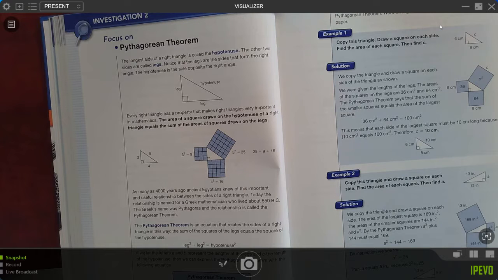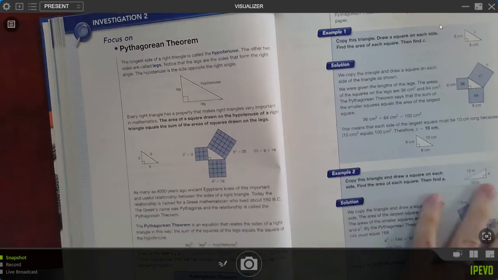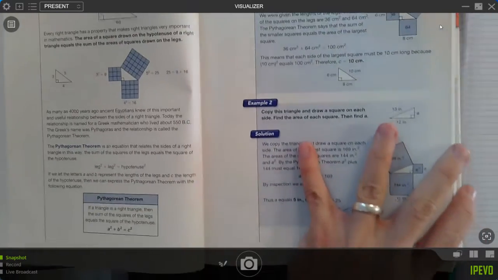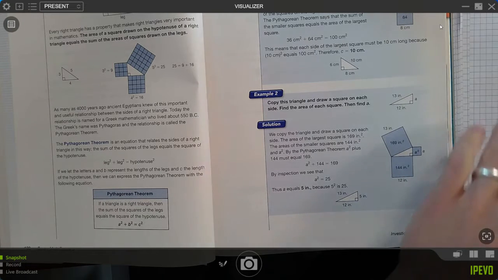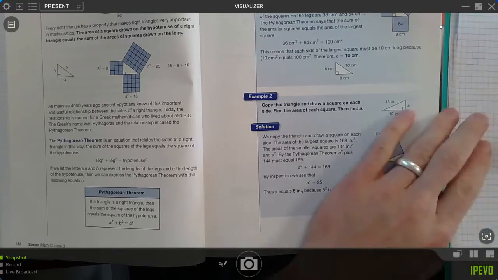The Pythagorean theorem is this idea of you are able to find, if you have two sides of the triangle, of a right triangle, okay, I'm going to write this down.